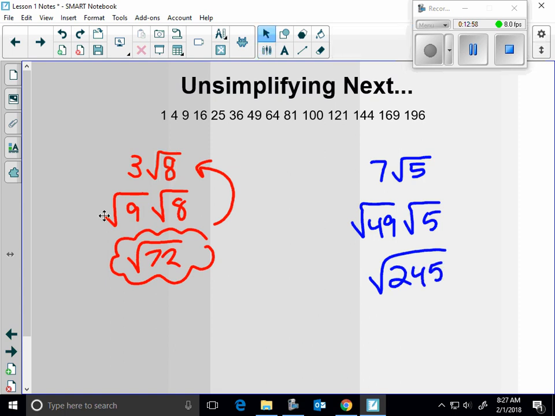Now this isn't something that you'll be asked to do frequently, but it builds the inverse operation thinking, right? It builds the backwards process, which actually strengthens what we're trying to do in the previous slides. Okay, so that's unsimplifying.